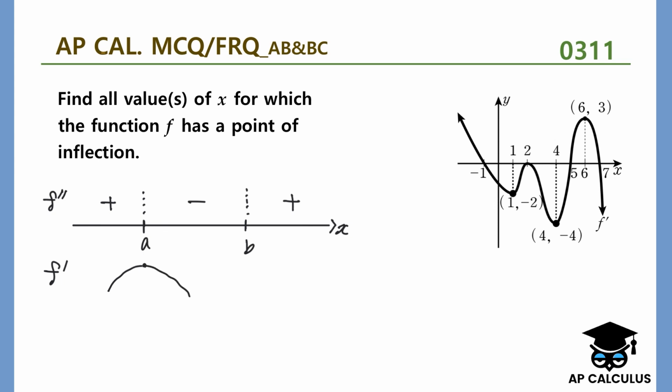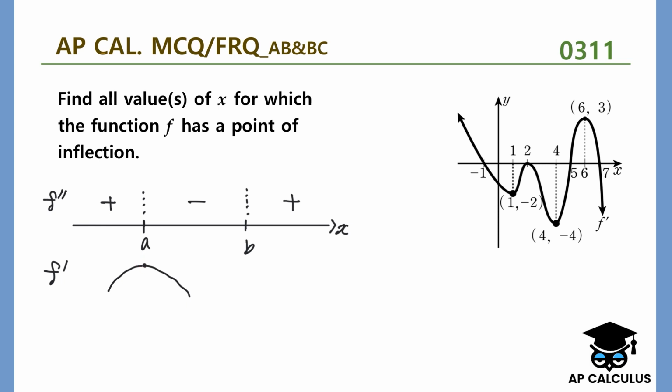So we know that at x equal a, we have a point of inflection on the graph of f, right? But what happens to f prime? f prime increases then decreases. It has a relative maximum at this point, right?